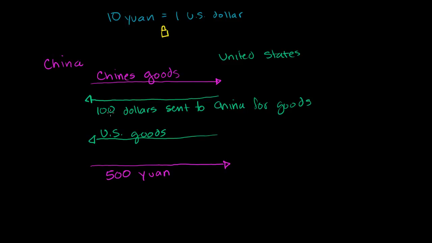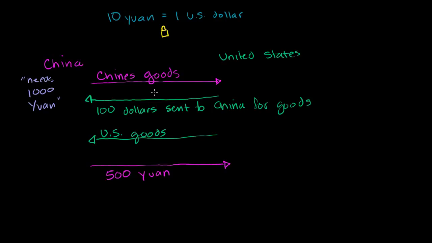But if you really wanted to convert these $100 that the Chinese producer gets into yuan at 10 to 1, we're going to assume that this peg is what at least the Chinese government wants. So this guy needs 1,000 yuan in order to convert all of his $100 at 10 yuan per dollar.